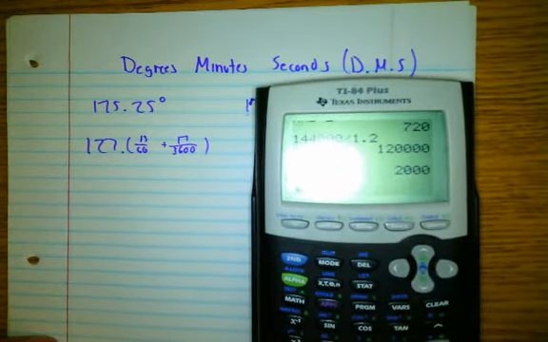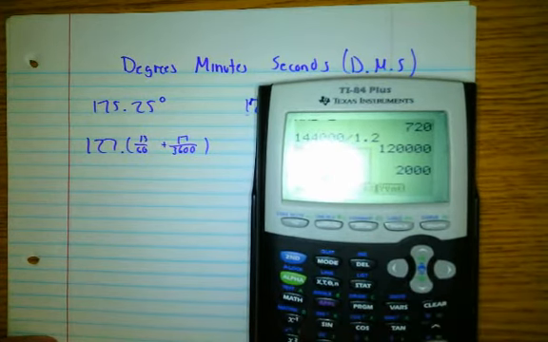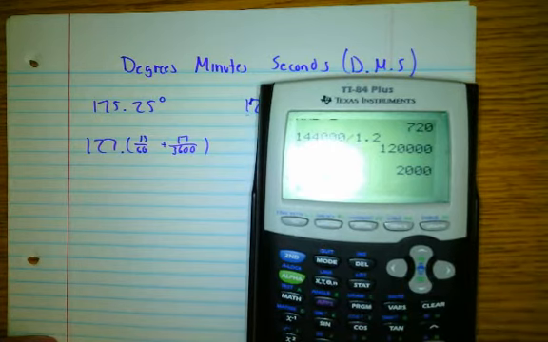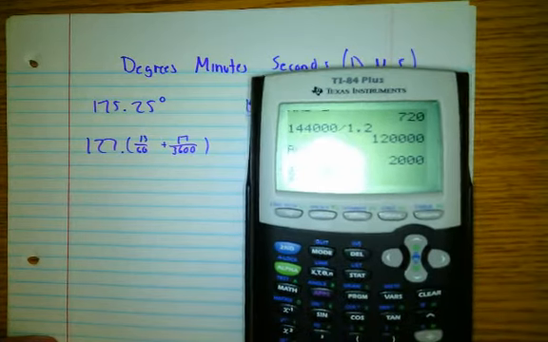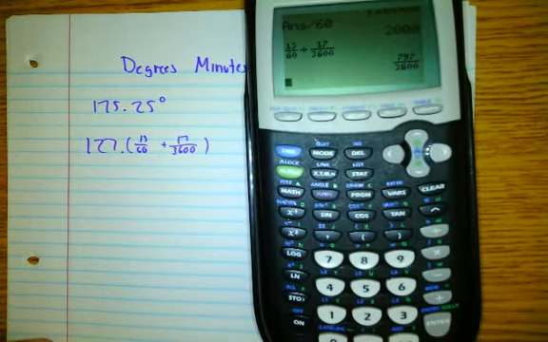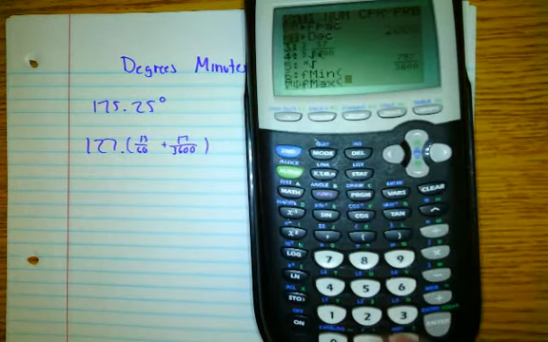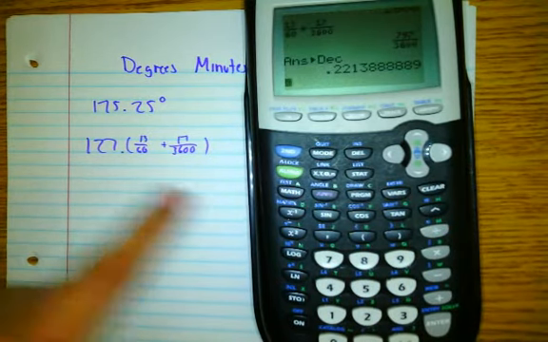And I got that fraction, but I want it to be a decimal, so I'm going to hit math, decimal, enter. So guess what? That became 127.221 degrees.